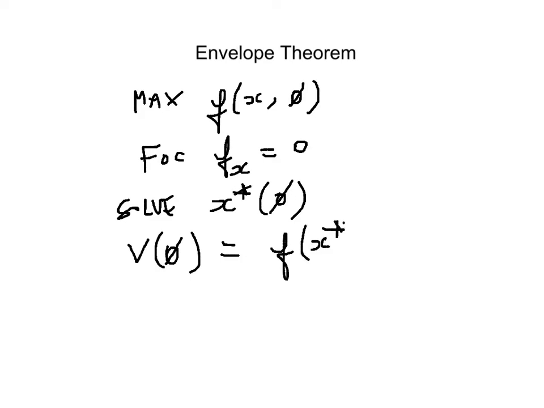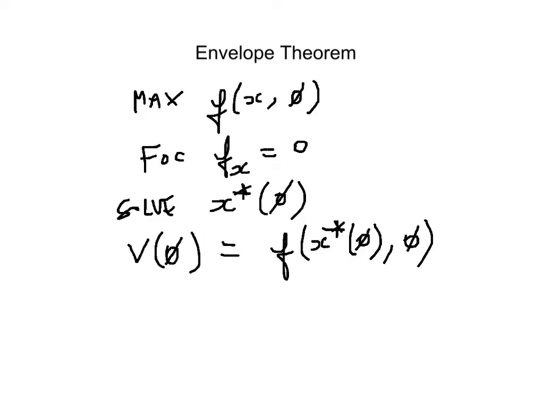So we plug in x star, which is a function of phi. Now you'll note here that phi appears twice. Here there's going to be both a direct effect: phi directly affects f because f is defined over phi, but phi is also important because x star is also a function of phi.